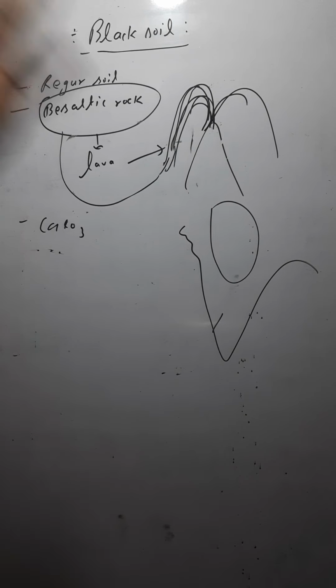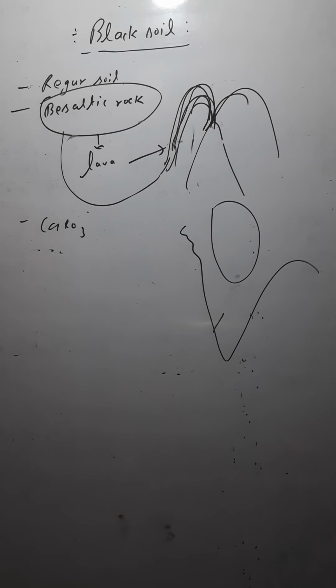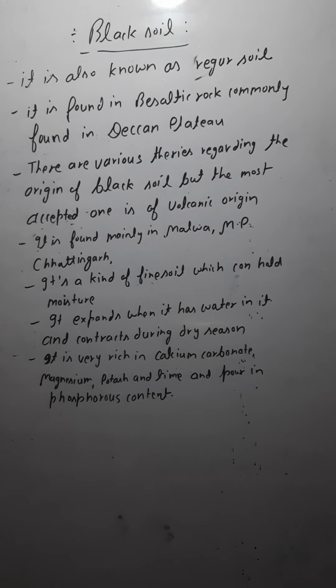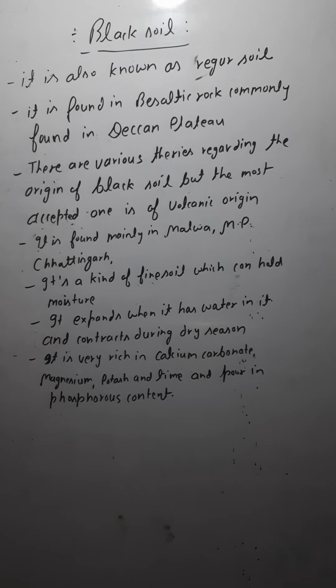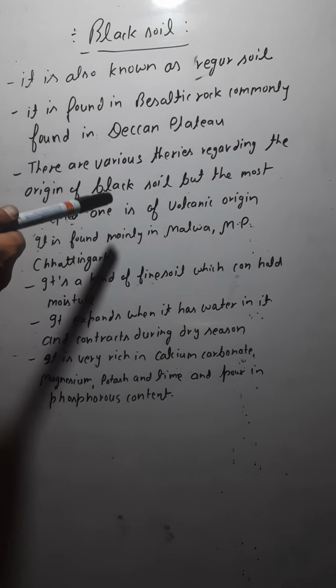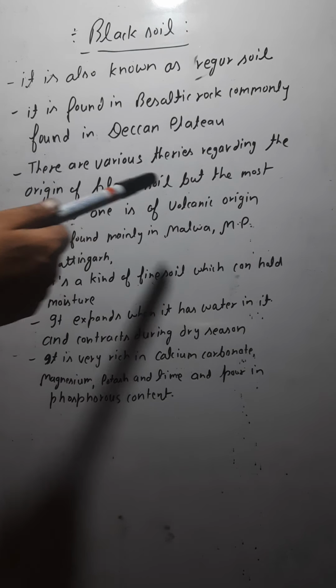Let me write this all for your notebook purpose. This is what you have to write about the black soil. It is also known as regular soil. It is found in basaltic rocks, commonly found in the Deccan Plateau region, that we have already discussed. There are various theories regarding the origin of the black soil, but the most accepted one is of volcanic origin.